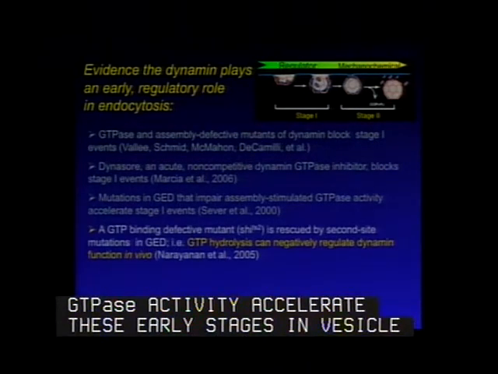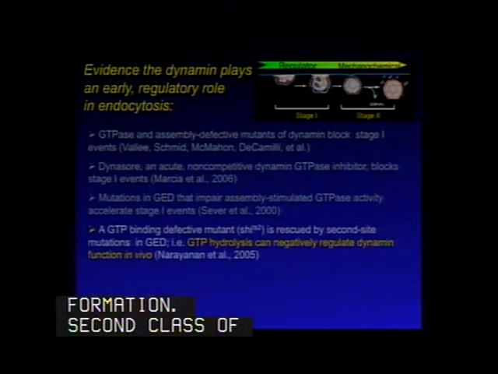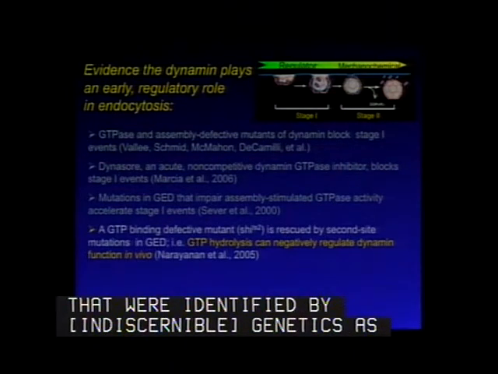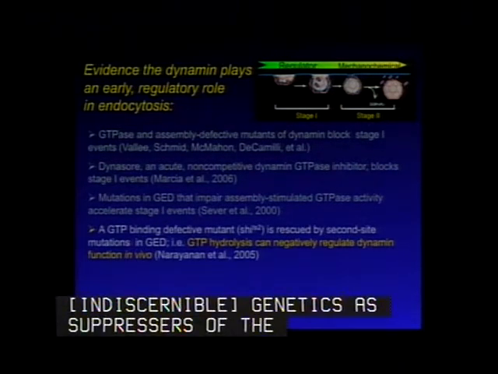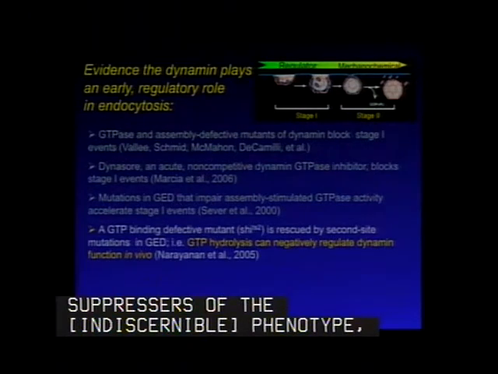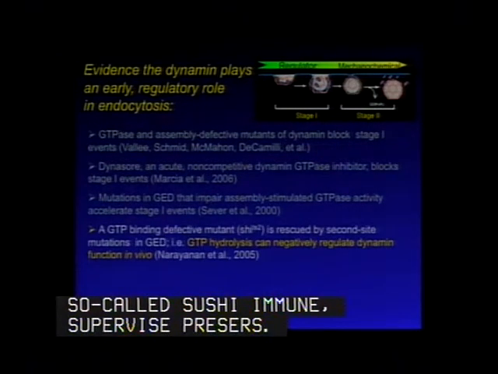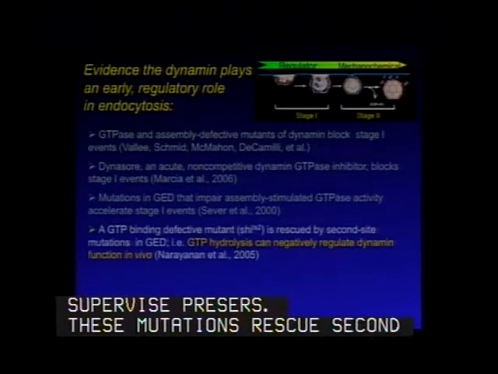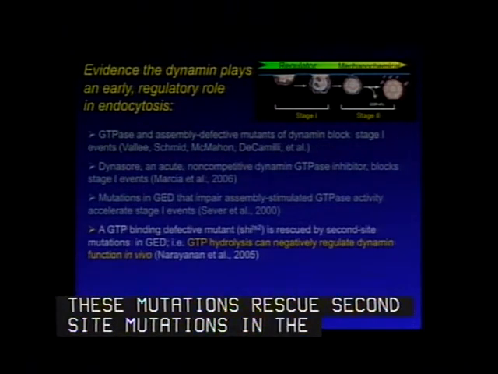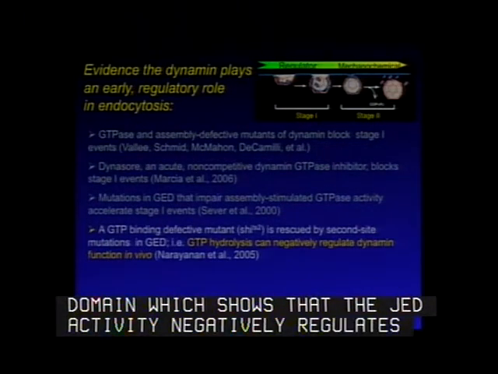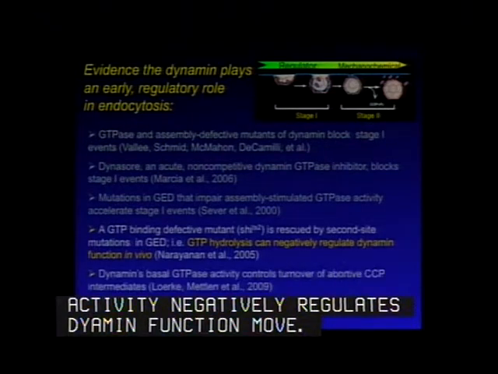A second class of mutations in GED were identified by Drosophila genetics as suppressors of the shibire phenotype, so-called sushi mutants, suppressors of shibire. These mutations in GED rescue second site mutations in the GTPase domain, which shows that the GED activity negatively regulates dynamin function in vivo. We'll come back to these mutants a little bit later on in the talk.